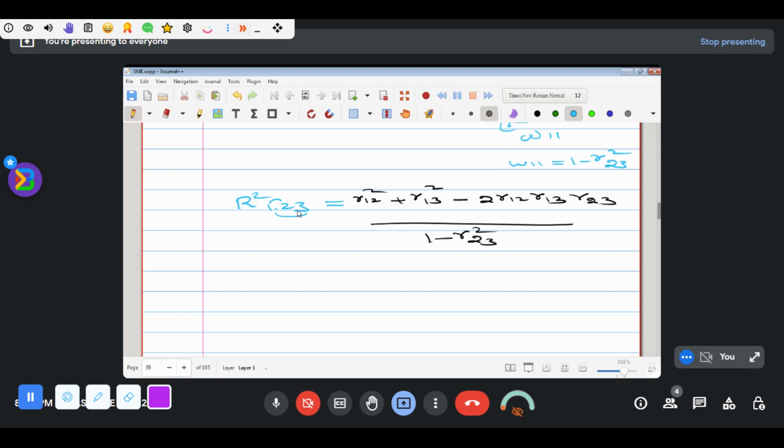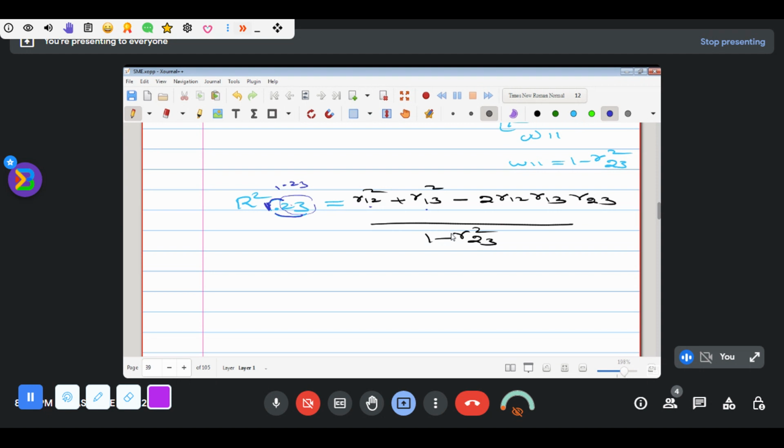Next you write all the correlations 1 2, 1 3, 2 3, 2 times this product, divided by the denominator. In the denominator, 1 minus the correlation without the decimal, that is the 2 3 correlation, R23 squared. This is the formula of R squared 1.23.